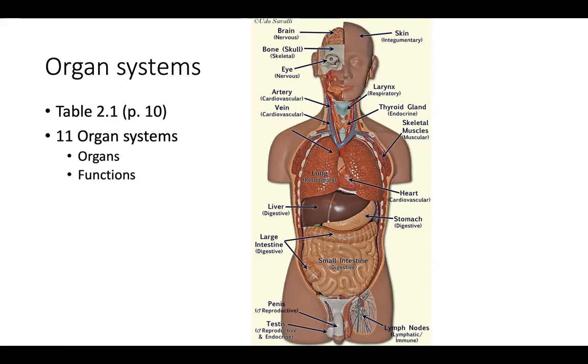So you can look through that if you want to, if that's helpful. And I think that wraps up. That's really all you need for that second lab exercise. Just know the organs of those systems and their functions. And I don't have an activity for that. That's more just memorization.